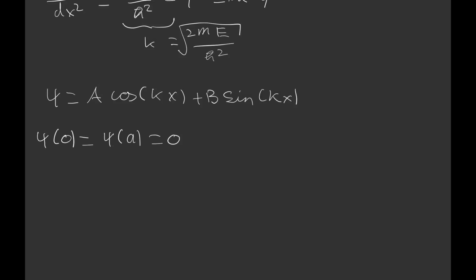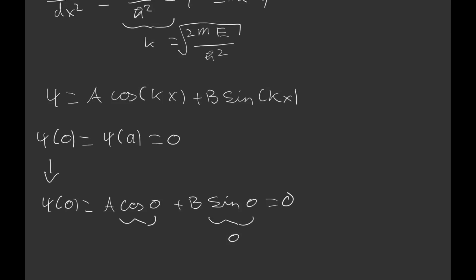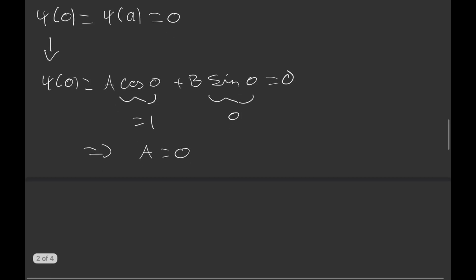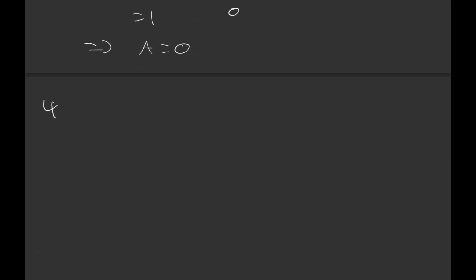Now, if we fill this in, we get that psi of 0 is equal to a times the cosine of 0 plus b times the sine of 0. But of course we know that this is also 0, and the cosine is just simply 1, which means that a is equal to 0, and therefore we are only left with the sine in our general solution.